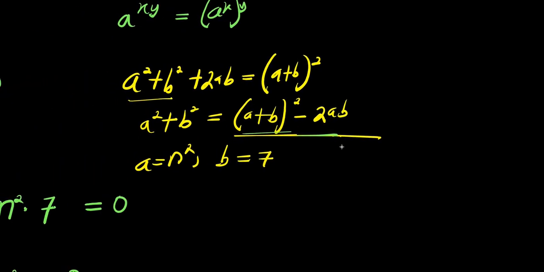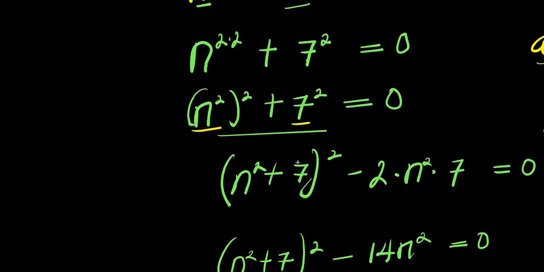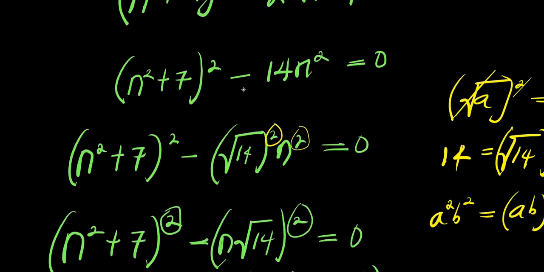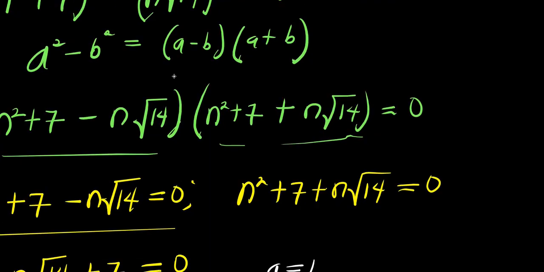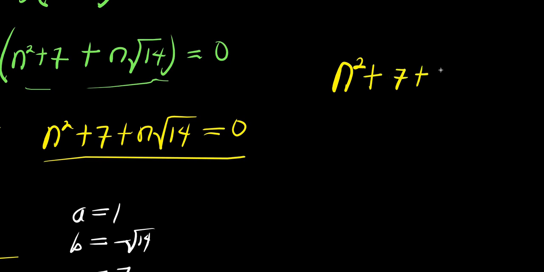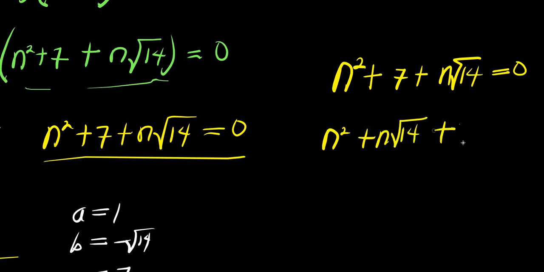Now, let's also solve this other equation. You have this other one here: n squared plus 7 plus n times root 14 equals 0. Let's rearrange this. You have n squared plus n times root 14 plus 7 equals 0.